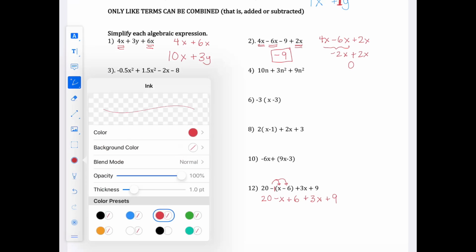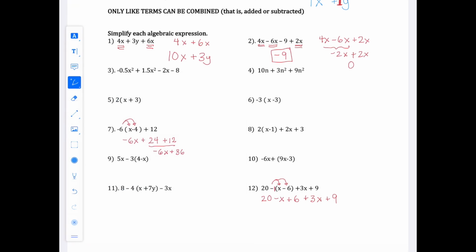So now our work looks like this, and I want to identify the like terms. I see 20, I see a 6, and a 9. Those three constants I'm going to combine. 20 plus 6 is 26, plus 9 is 35.